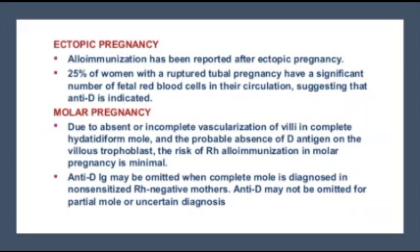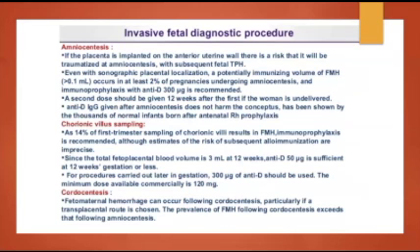Anti-D immunoglobulin may be omitted when complete mole is diagnosed in non-sensitized Rh-negative mothers. Anti-D may not be omitted for partial mole or uncertain diagnosis. Also, additional prophylaxis of immunoglobulin may be done after amniocentesis, chorionic villus sampling, or cordocentesis during pregnancy.